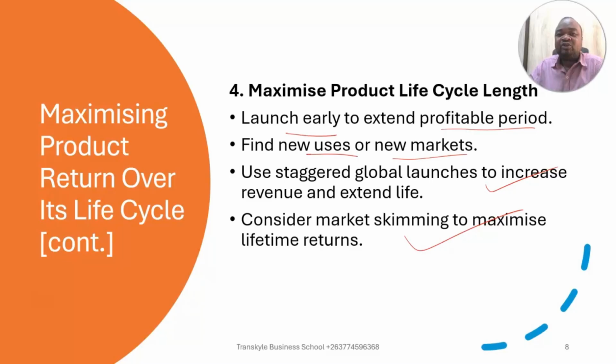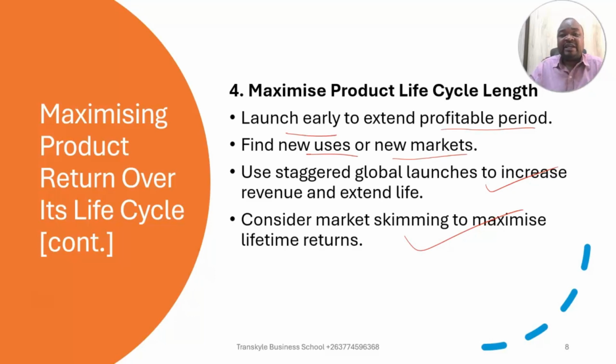We can capitalize on charging high selling prices initially to ensure that we recoup whatever revenue can be obtained, because we are still the sole suppliers of this particular product.